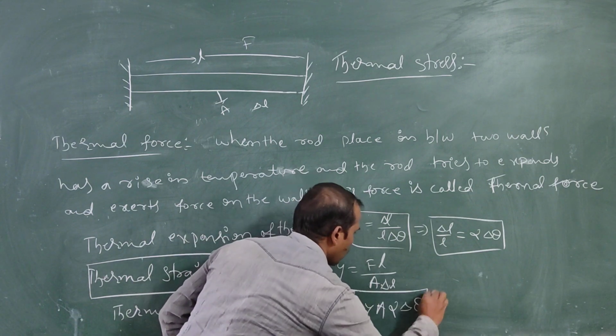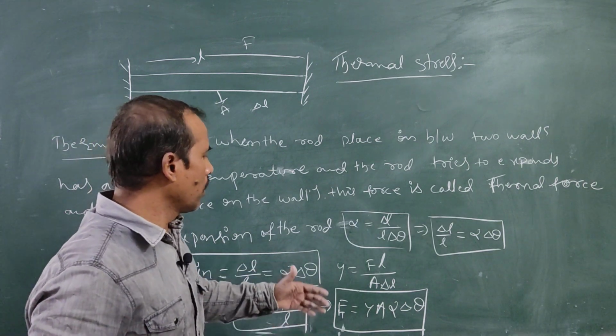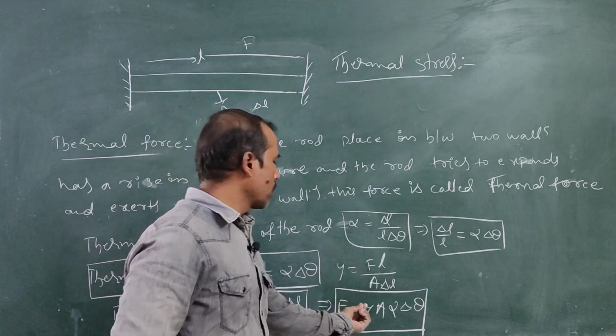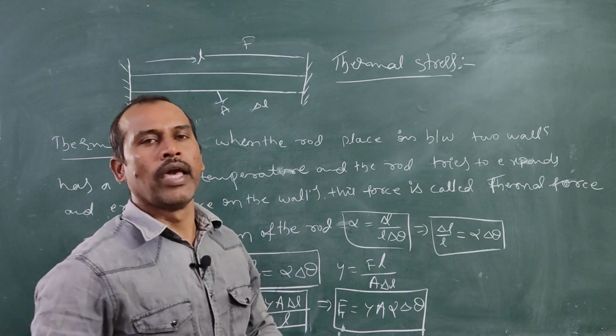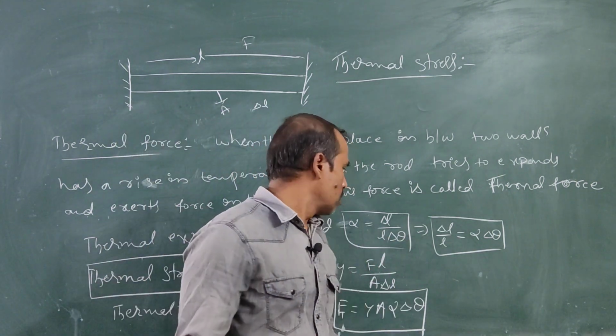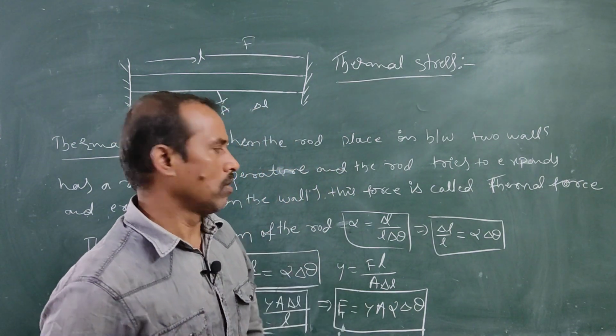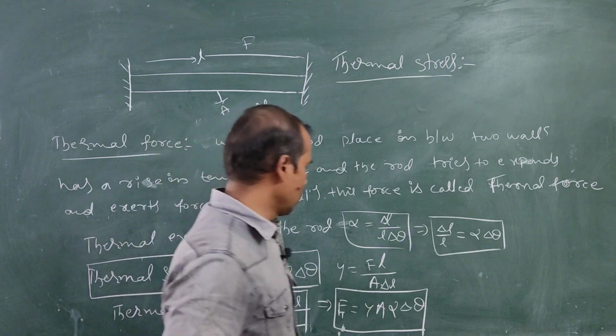This is the thermal force formula. Here Y means Young's modulus, A means area of the cross section, alpha means coefficient of the linear expansion of the rod, and delta theta means change in temperature of the rod. Now this is the thermal force.